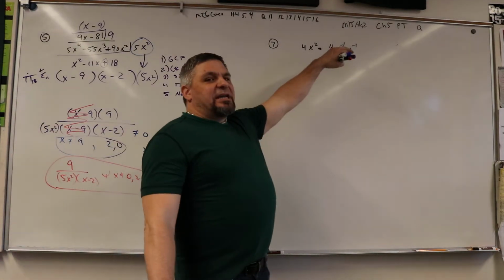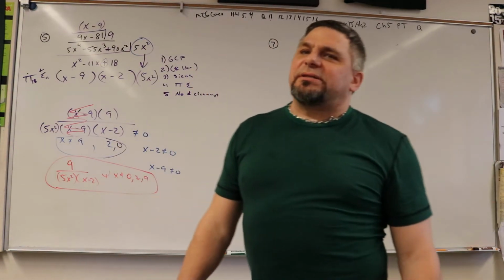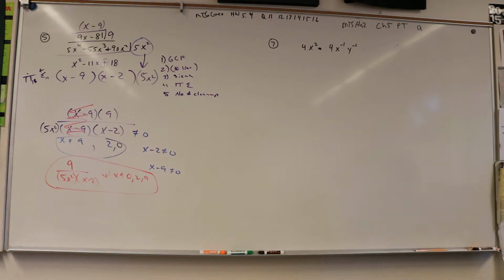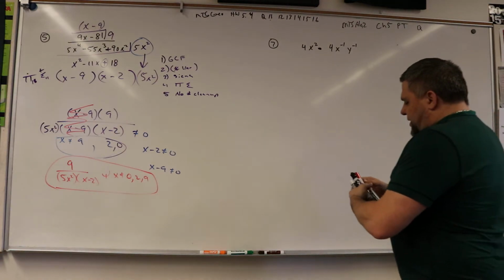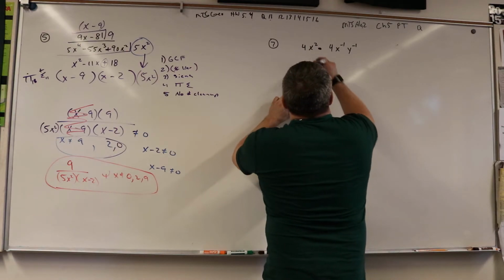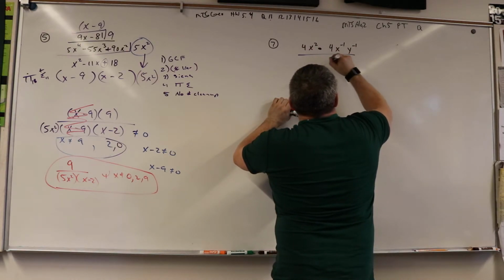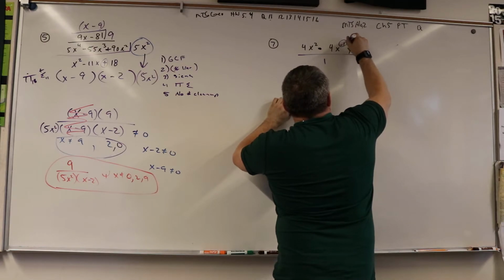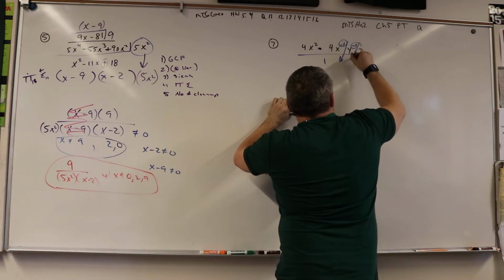Alright, this is a different type of problem. This one is saying you've got negative exponents and now we want to make them all positive. So one thing we have to realize right away is that there's a line here, and these are going to come down.